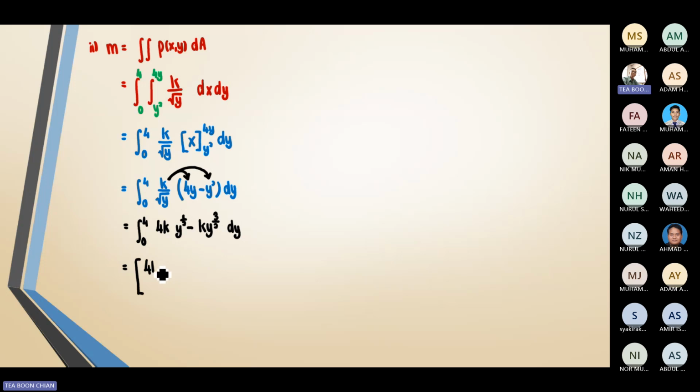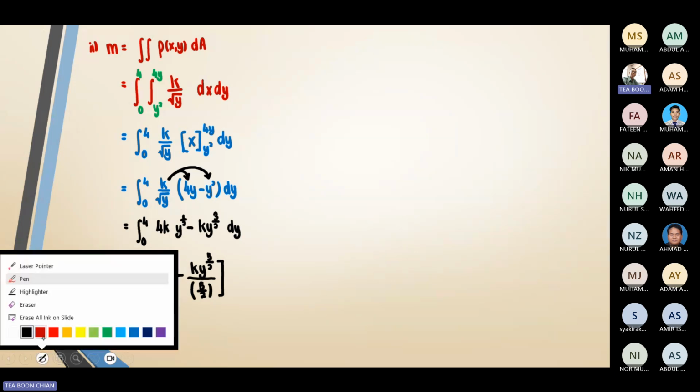So 4k, y power 1 over 2 is integrated into y power 3 over 2 divided by 3 over 2, minus k, y power 3 over 2 is integrated into y power 5 over 2 and then divided by 5 over 2. This integration, substitute the upper limit 4 and the lower limit 0.